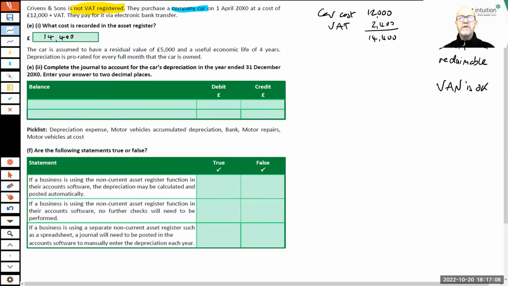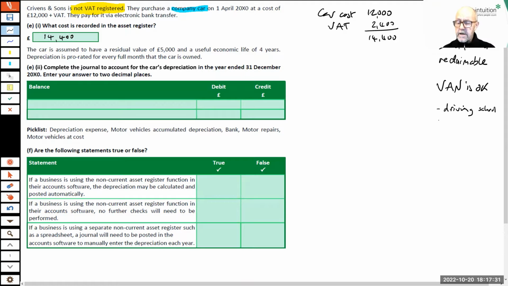There are exceptions to the VAT rule on cars, as I recall. Anybody who's really mustered on VAT? Driving schools, if you are offering driving lessons, so you've got those signs on top of your car and L plates all over, you're allowed to use that for personal use. You can still get your VAT back.